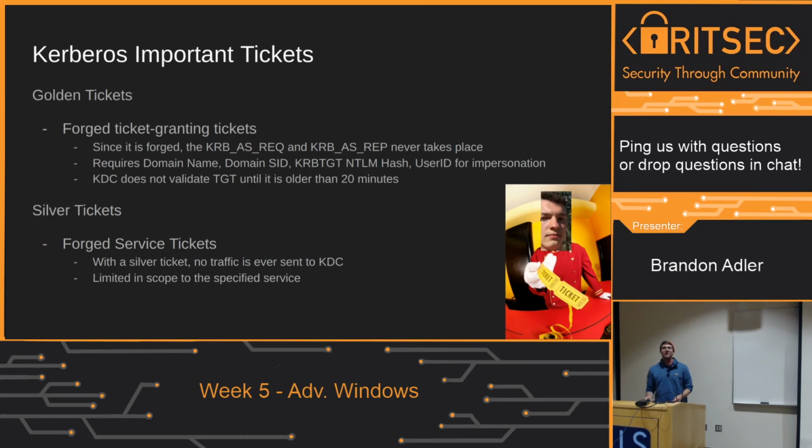So it's hard to even find it in the logs sometimes, when it's doing real verification on the domain controller, but otherwise you'll almost never see that at all. And since it's forged, the Kerberos request and reply, the application request and reply doesn't take place. It's just like, okay, I know I have access to this, so you're granted.